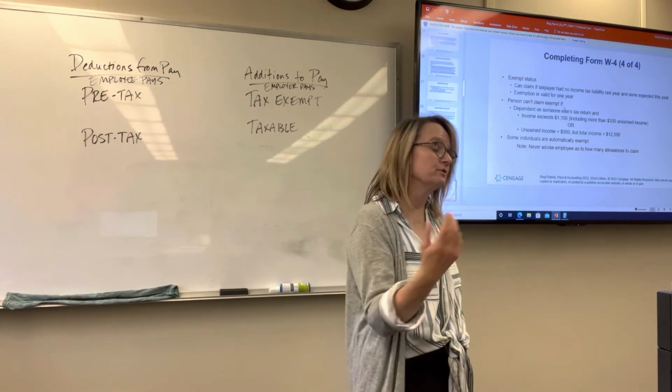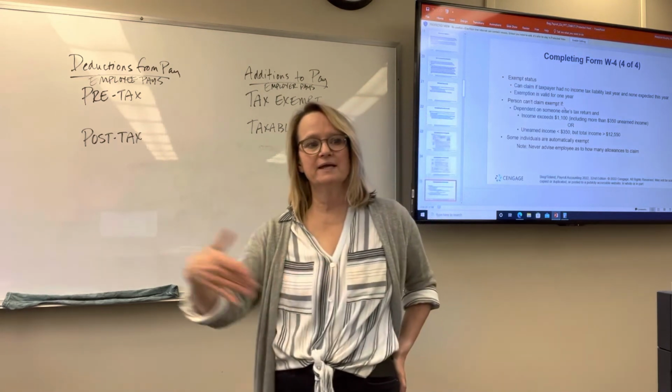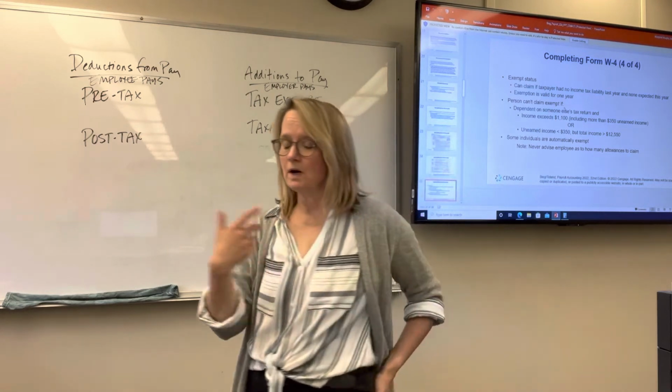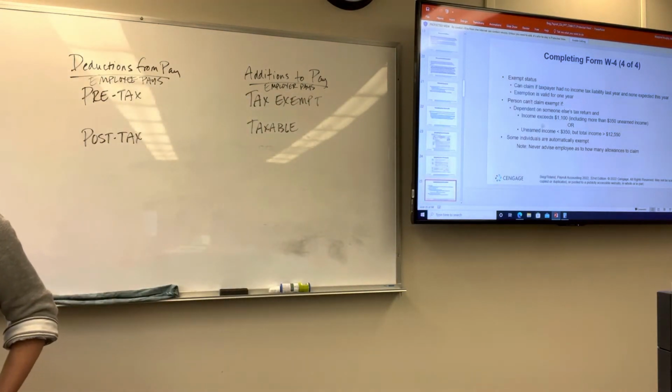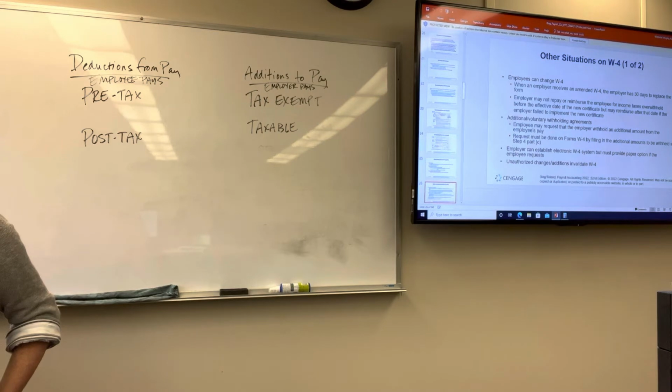And in order to get their refund back, they have to pay somebody to prepare their taxes. So if you don't pay in the first place, you're not going to have to pay somebody to do your tax return. So that exempt status would oftentimes be used by those individuals. But that's no longer on the tax return. Employees can change their W-4. We talked about that.